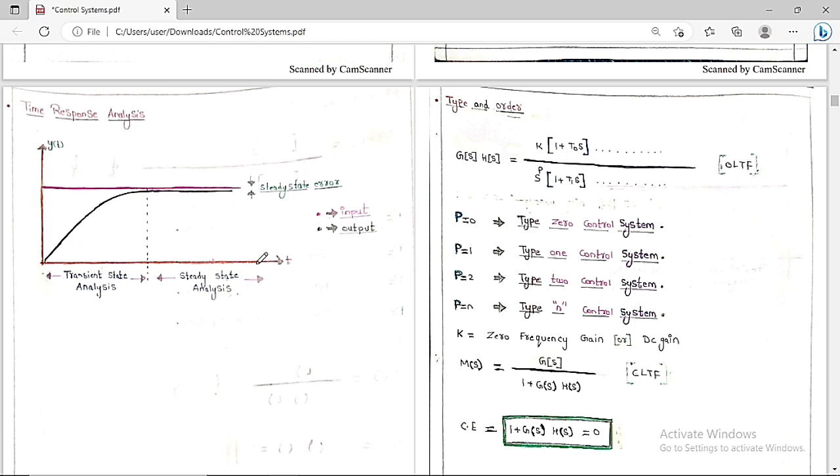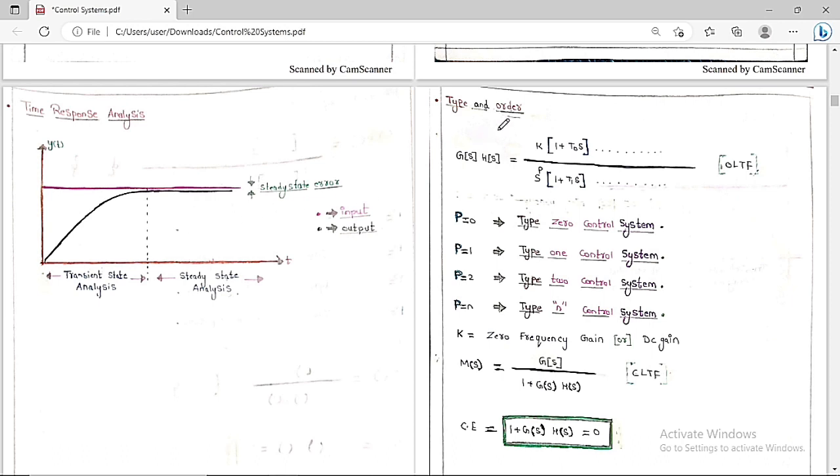That is called the steady state error. The desired output is also called the input, because the input itself is the desired output that we require. So this is all about the time response analysis.